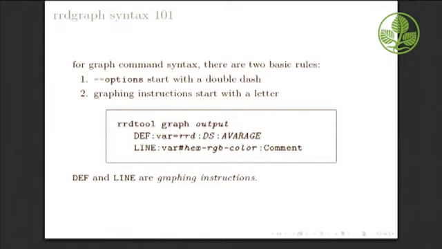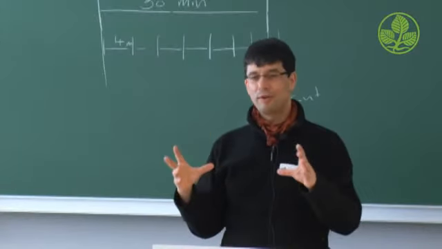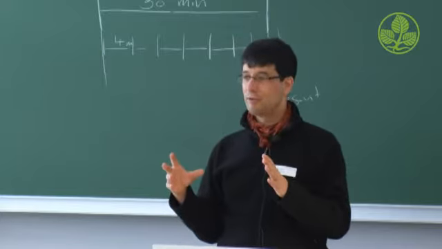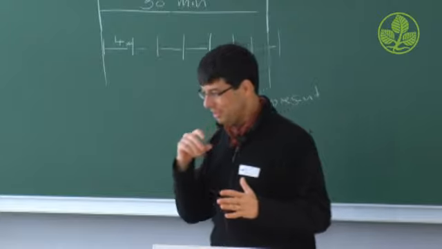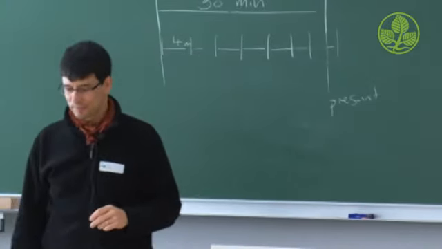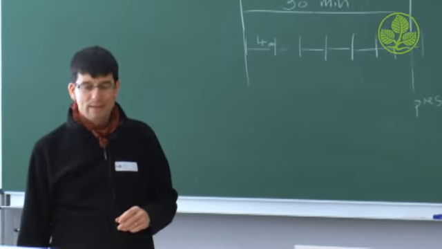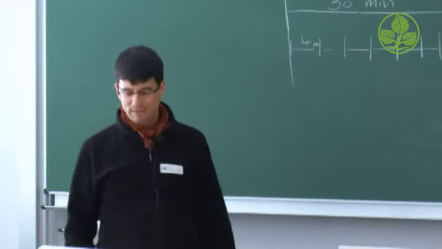And they can be placed anywhere on the command line, and they affect the whole operation of rrdgraph. So they modify the graph size, for example. They modify the color of some component of the graph. They define when the graph should start, when it should end, stuff like that.